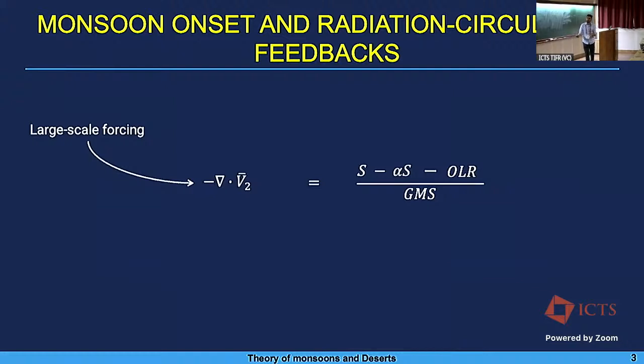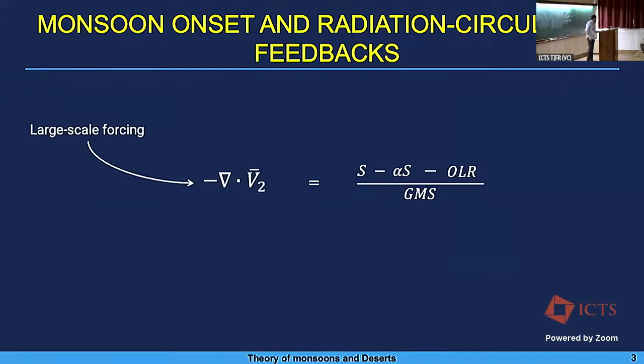This is low-level mass convergence. F2I has been split now: insolation, reflected shortwave, OLR, and GMS. Around the time of onset, some large-scale forcing initially triggers mass convergence in the lower troposphere in South Asian region.